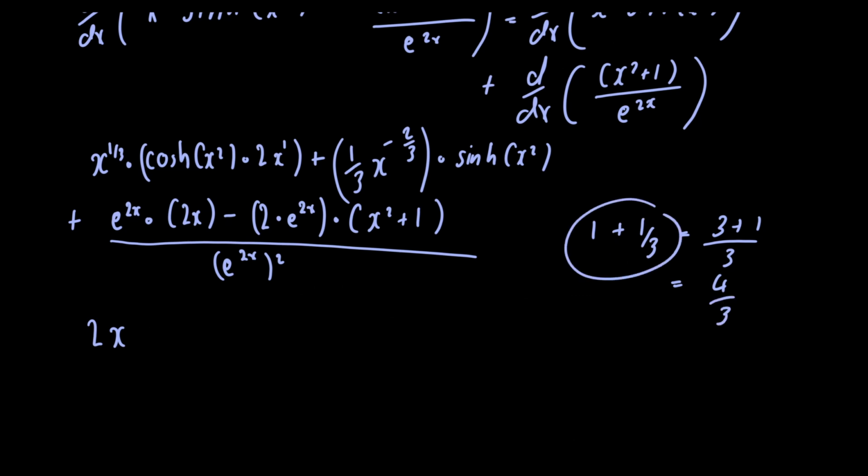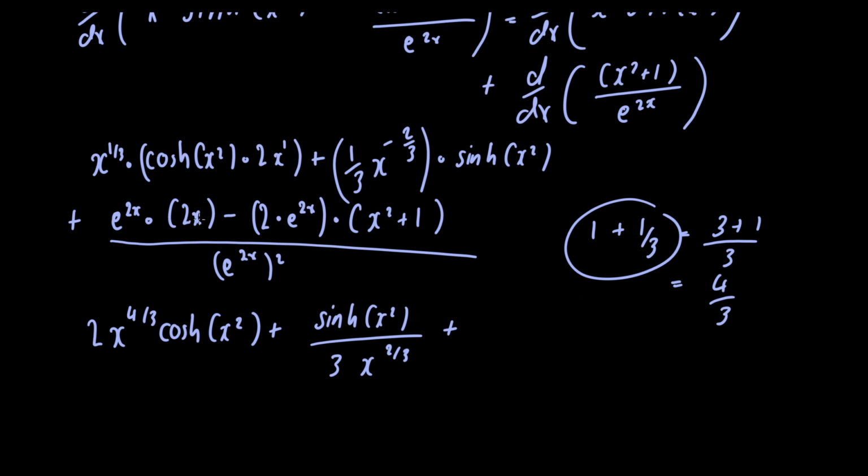We just cross multiplied here, so we're going to have x raised to 4 over 3 hyperbolic cosine of x squared plus, so we can bring this power here down to the bottom, so we're going to have hyperbolic sine of x squared over 3x raised to 2 over 3.